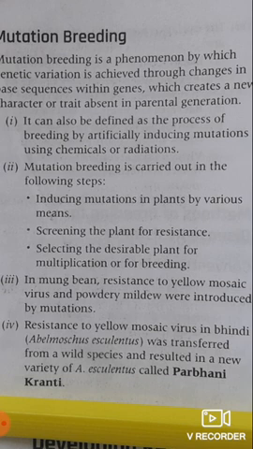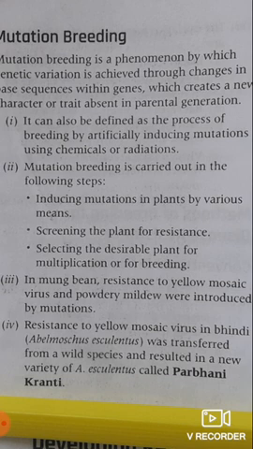First of all, what is mutation? As you have learned in the previous lesson, mutation is a sudden change in the genes. If we are able to change the genes in that variety, in that breed, in a way not found in their parents, this is called mutation.